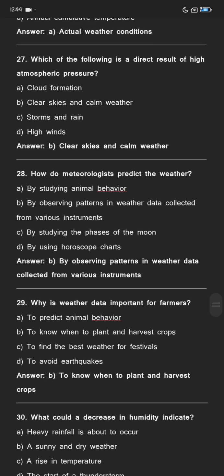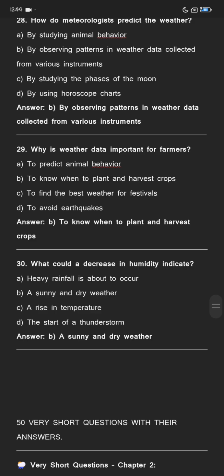Number 29. Why is weather data important for farmers? To protect animal behavior, to know when to plant and harvest crops, to find the best weather for festivals, to avoid earthquakes. The answer is to know when to plant and harvest crops.